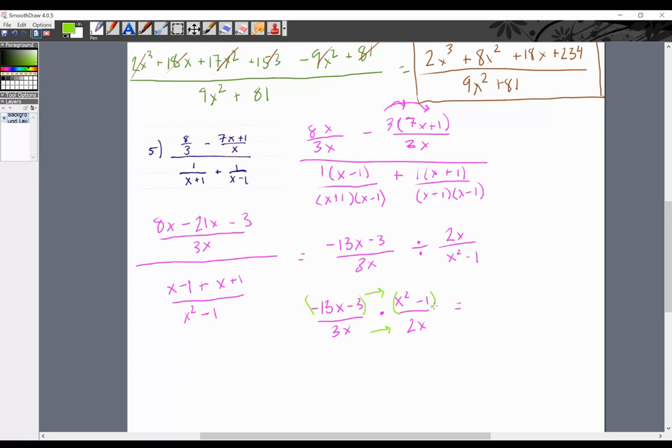I'll put those in parentheses to remind me that I have to FOIL. So negative 13x minus 3 times x squared minus 1, all over 3x times 2x: 3 times 2 is 6, x times x is x squared.